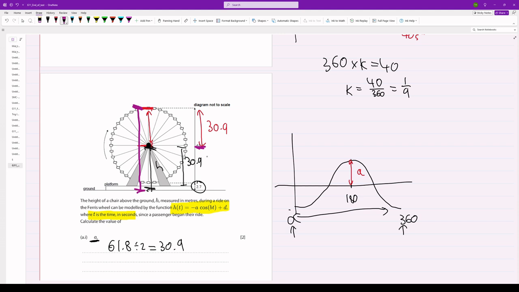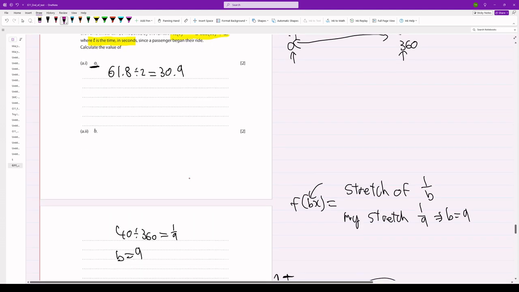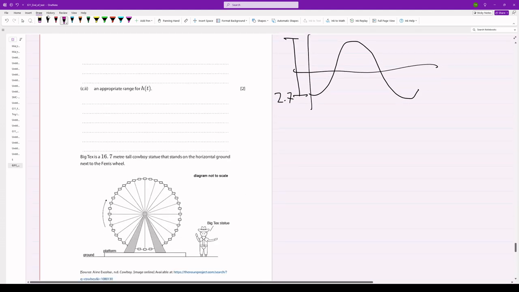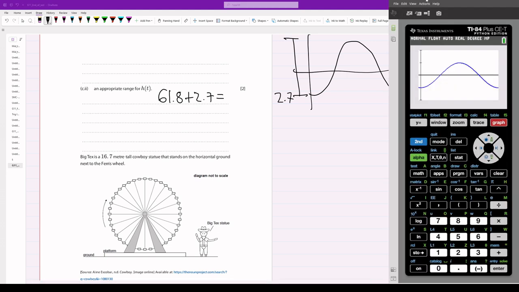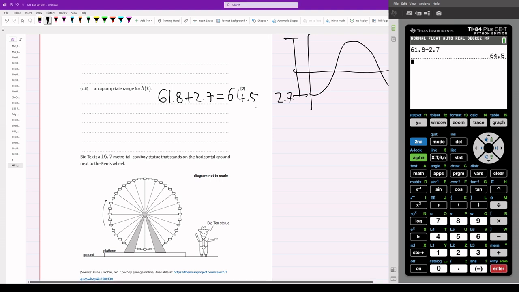That's going to be 61.8 added to 2.7. I don't know why, but I really don't trust my mental maths with that one right now. 61.8 added to 2.7, 64.5. So this is the maximum height, and the minimum height is 2.7.